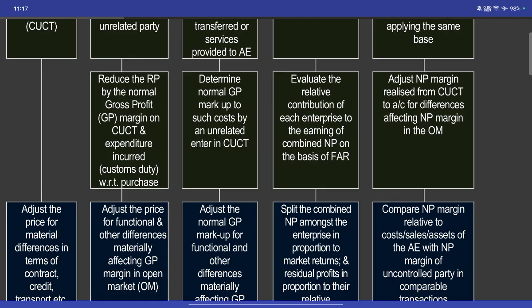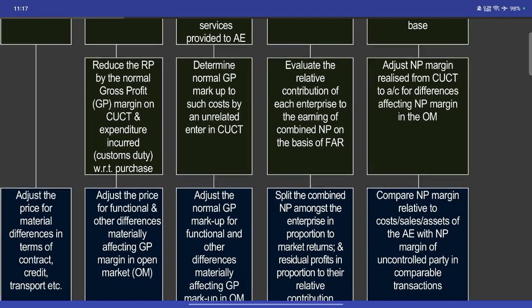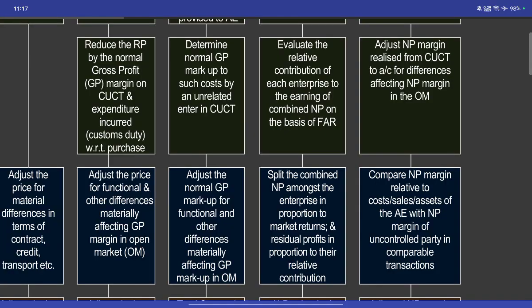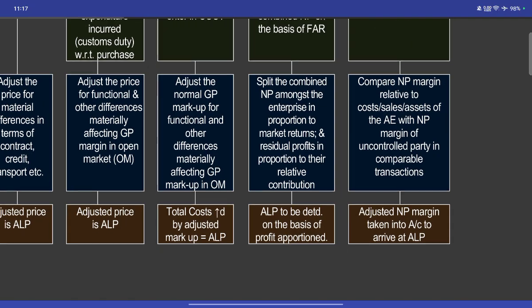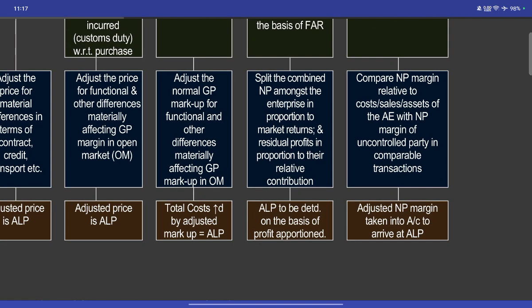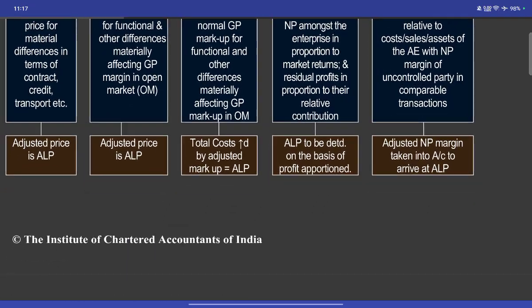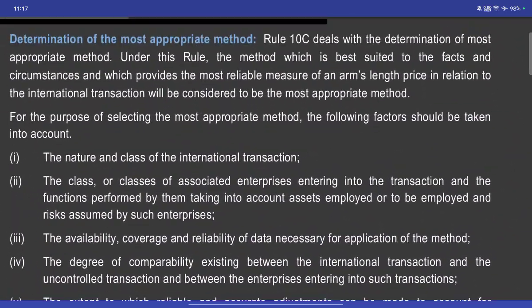Adjust the net profit margin to account for differences affecting the net margin of the other members. Compare the net profit margin relating to the cost, sales, or assets of the associated enterprise with the net margin of the comparable uncontrolled transaction, and the adjusted net profit margin is taken into account in arriving at the ALP.